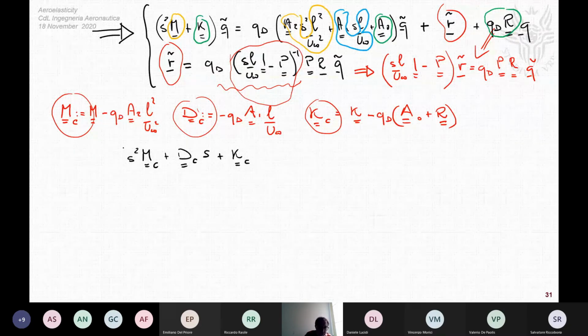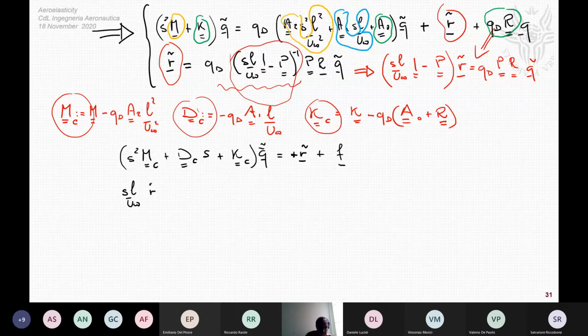And all this is applied to Q tilde, and we have equal to my plus R, the new state space variable, plus the forcing term, and the R dynamic here is given by S L by U infinite multiplying R on the left hand side.